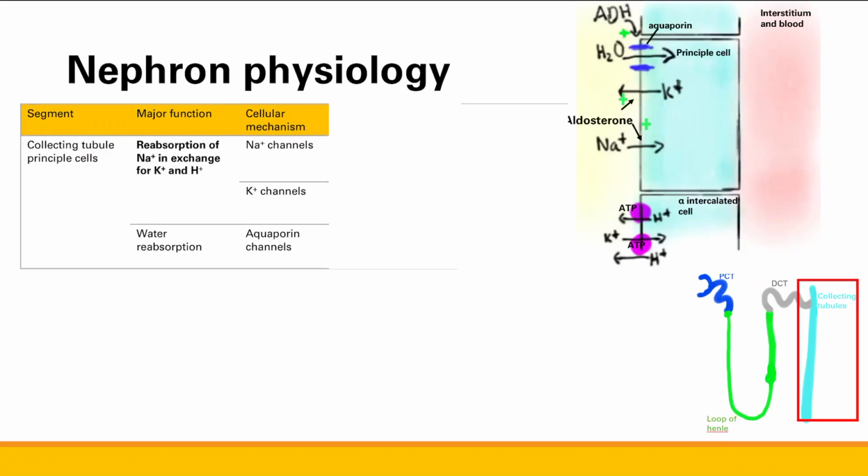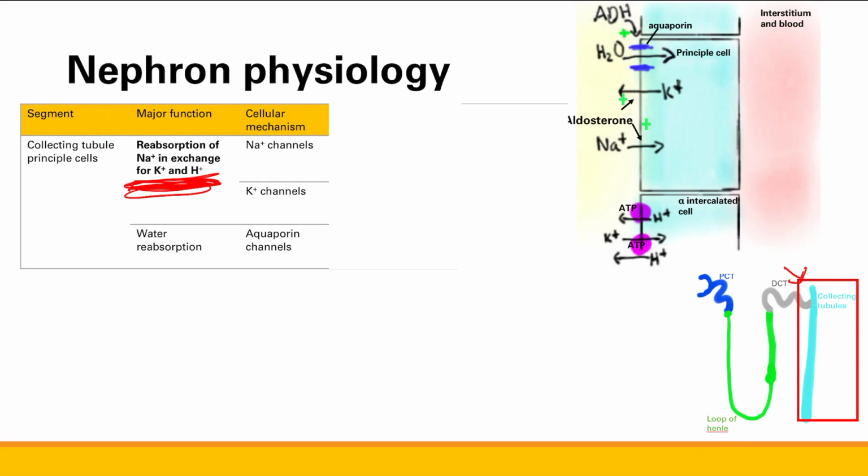Finally, we go to this collecting duct. Okay, collecting duct, key function here is reabsorption of sodium in exchange for potassium and H+. Note that I've bolded this. I haven't bolded anything yet, I don't think, in nephron physiology, but I have bolded this section because it is super important.